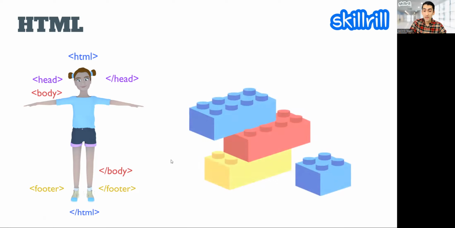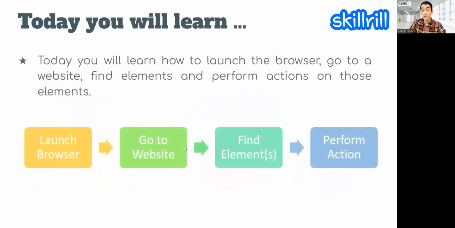It's really like Lego blocks, the building blocks of the skeleton of the application. We'll see a real example of the HTML code behind web pages such as Google, and you're going to see that it's actually easy.